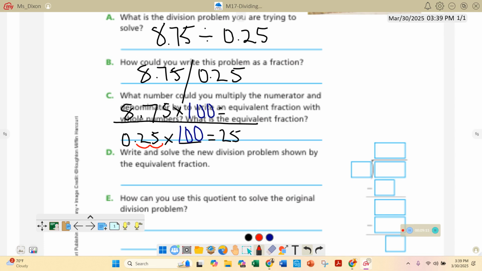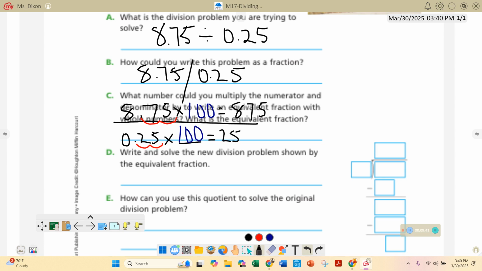That means we're going to move our decimal 1, 2 places to the right to give us an answer of 875. So we are going to multiply both our numerator and our denominator by 100 to give us whole numbers of 875 over 25.